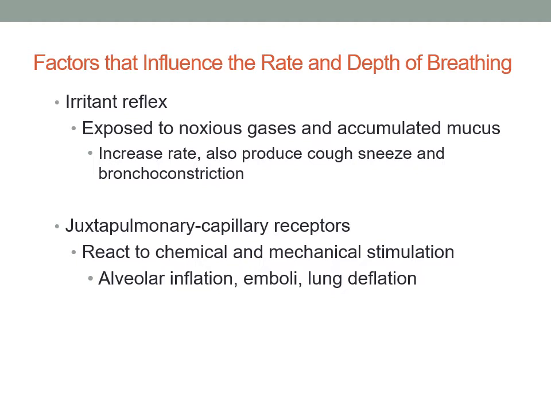These receptors react to certain chemicals and mechanical stimulation. For example, they're stimulated by alveolar inflation, pulmonary capillary congestion and edema, humoral agents like serotonin, bradykinin, lung deflation, and emboli. When the J receptors are stimulated, a reflex response triggers rapid shallow breathing.